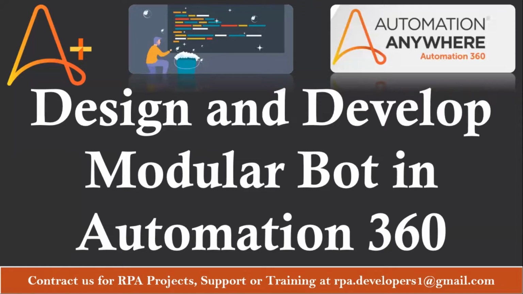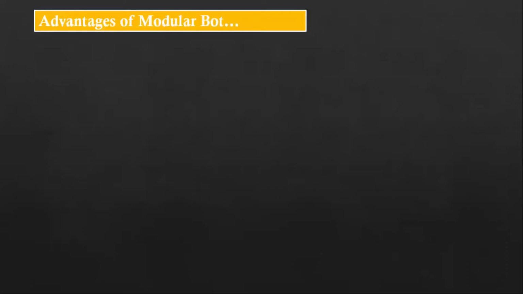Let's see what advantages we get if we design and develop a modular bot. First, it will be very easy to edit or debug. Let's say you want to make some changes to a particular business logic or a particular application.